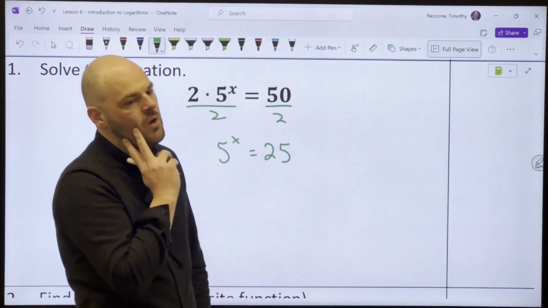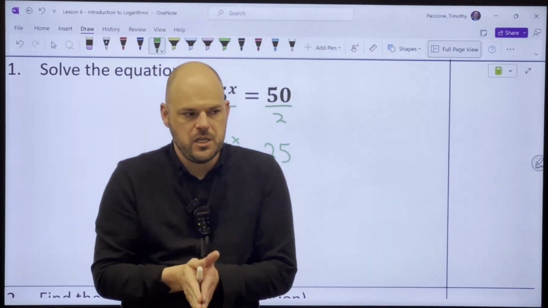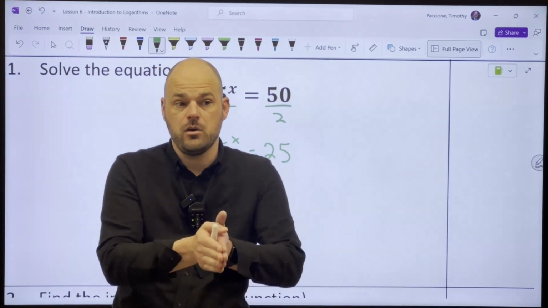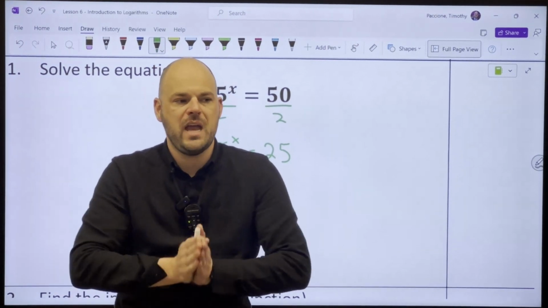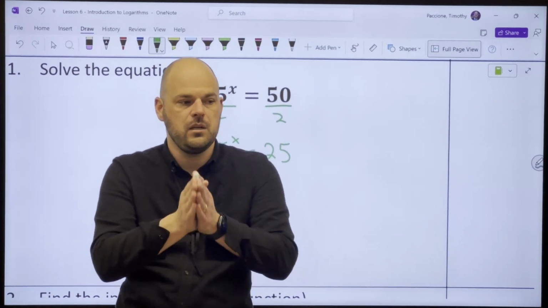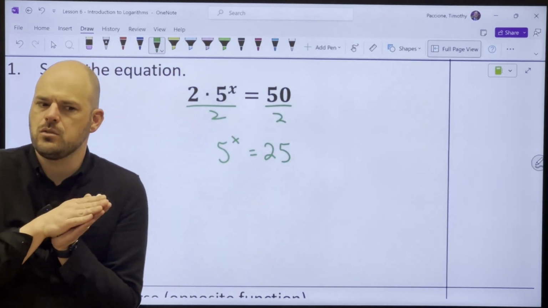But what we've talked about is that we develop processes and strategies with simpler problems so that when we get to harder problems that aren't so obvious, we have a method, right? So we learned a process for getting to an answer that isn't just guess and check or I know what makes this true, right?